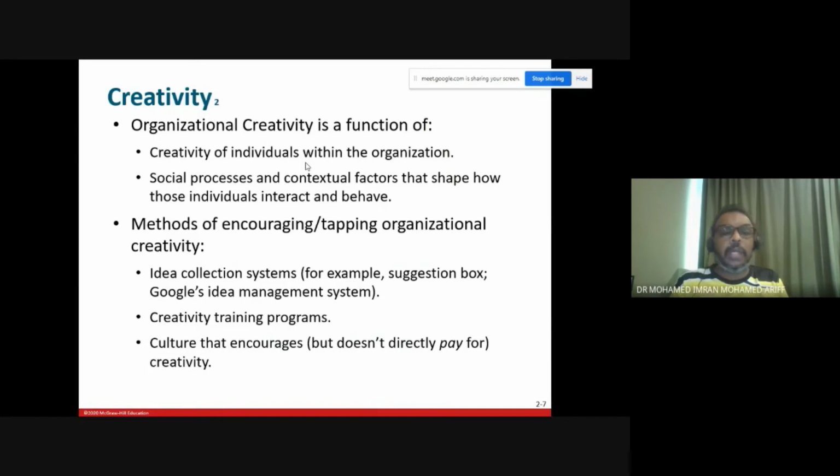Okay, so some creativity comes from idea collection, suggestion box. That's why in companies they have suggestion box. So if you have any suggestion, you drop it in and the companies will evaluate and look at it and maybe implement it. Okay, and you go for training, creative training.